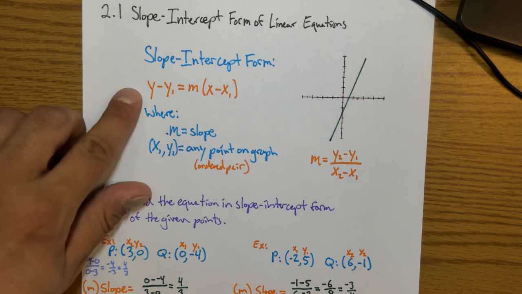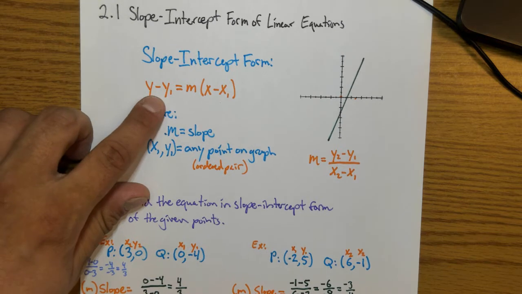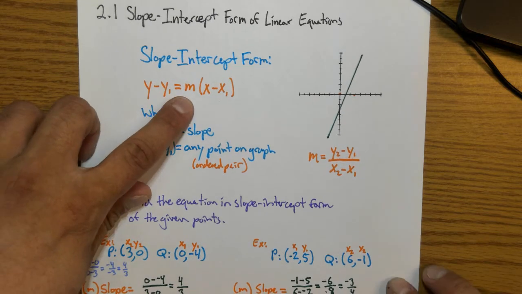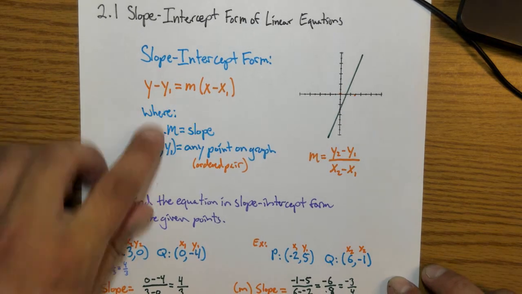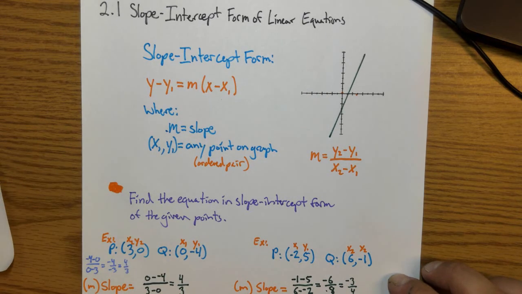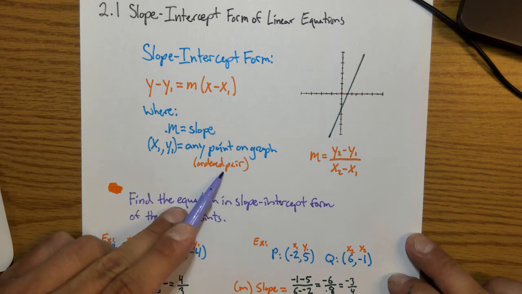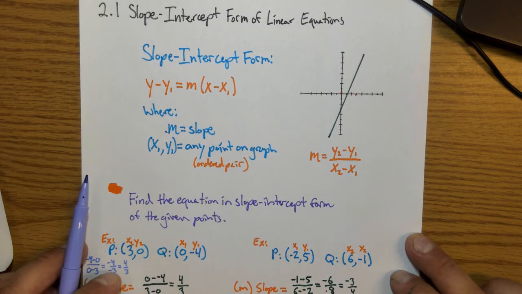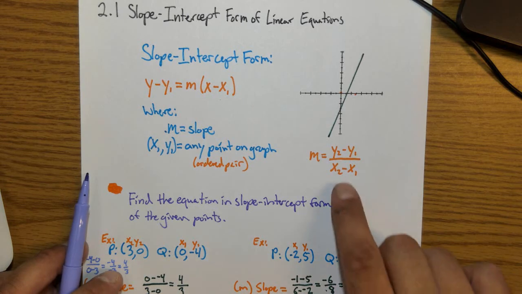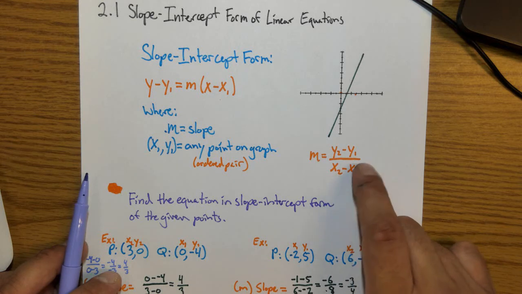Point-slope form is y minus y1 equals m times x minus x1, where m is our slope, same as in y-intercept form, and x1, y1 is any ordered pair or point on the graph. And m I defined over here for us: we subtract our y values divided by our x values. Remember, the change in y divided by the change in x.